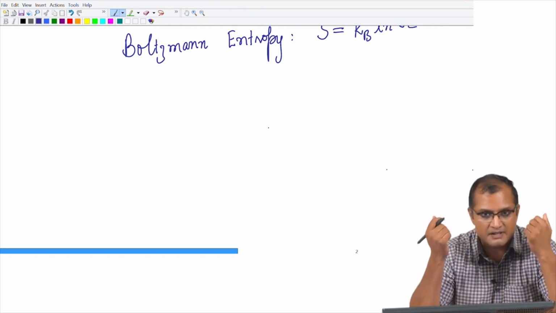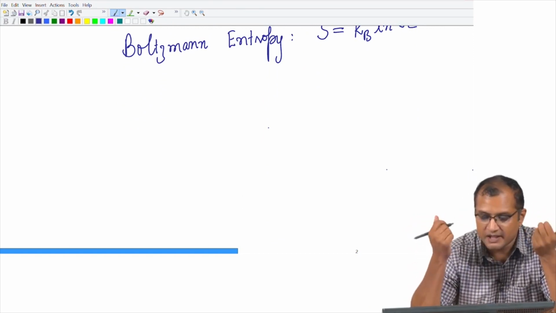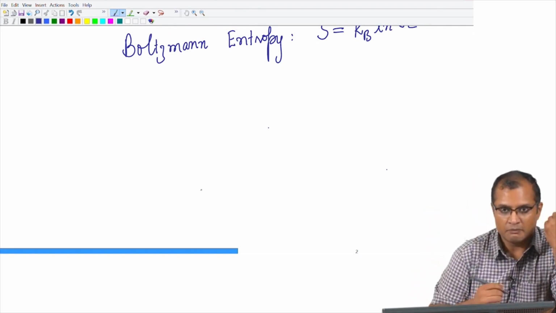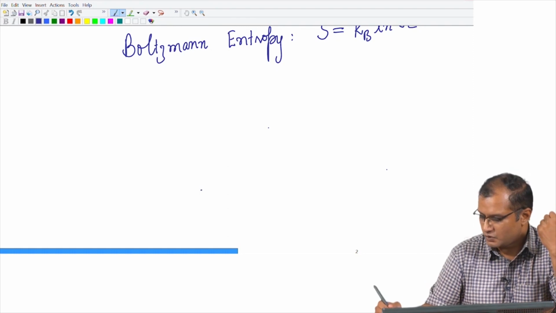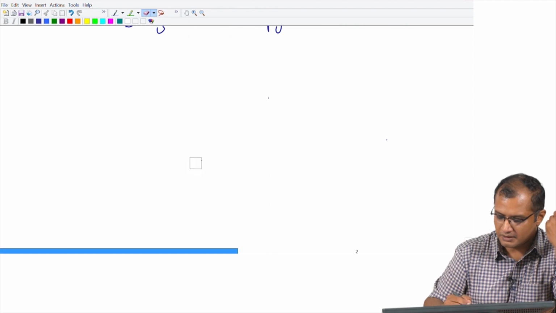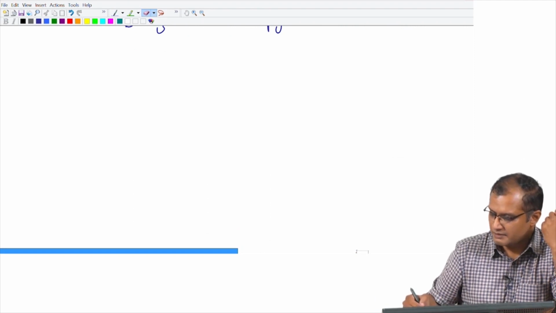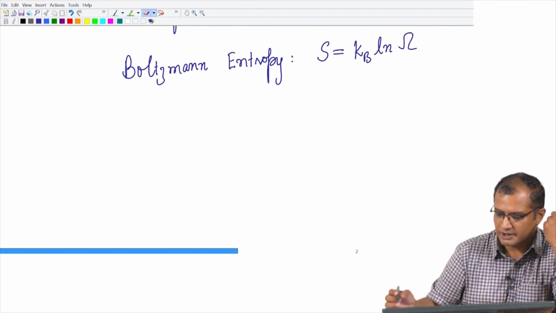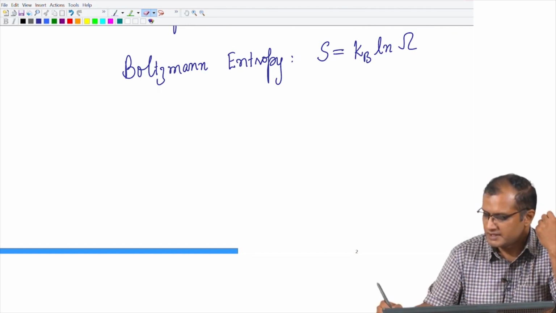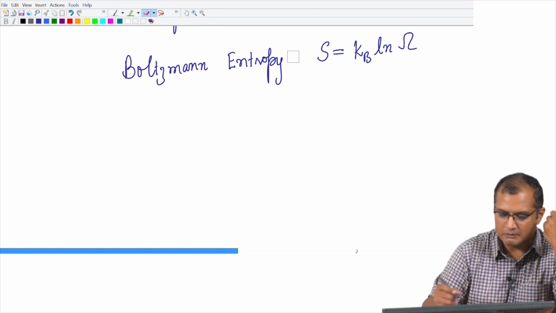We can actually revisit some laws of thermodynamics. In fact, we can derive statistically the laws of thermodynamics in the context of the microcanonical ensemble. So, we are going to stick to the microcanonical ensemble, and give some discussion on the laws of thermodynamics.